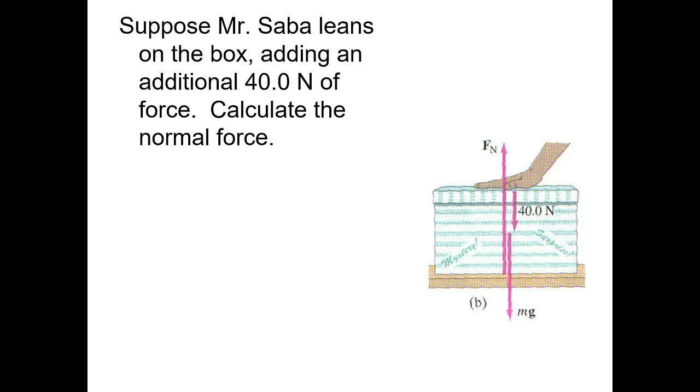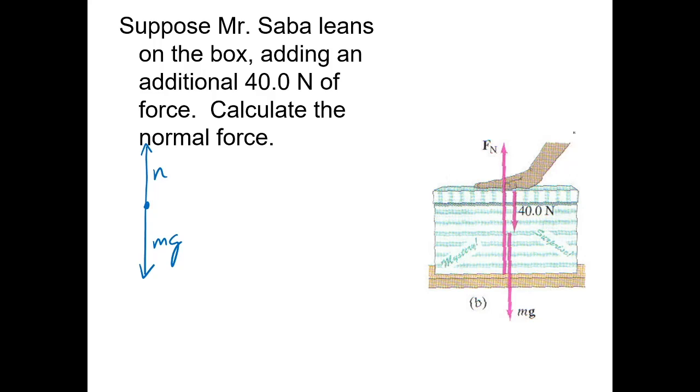Now suppose I'm standing here talking to you, Mr. Saba comes in and he leans on the box, adding an additional 40 newtons, and says, well, calculate the normal force. Again, we're going to do a free body diagram. mg goes down. It always goes down. Normal goes up.